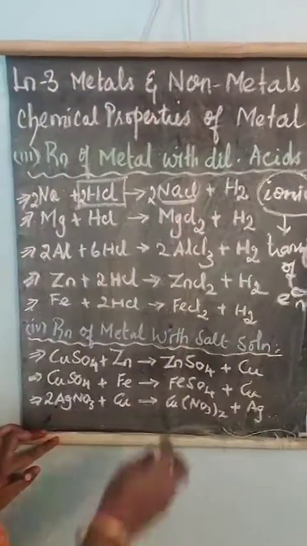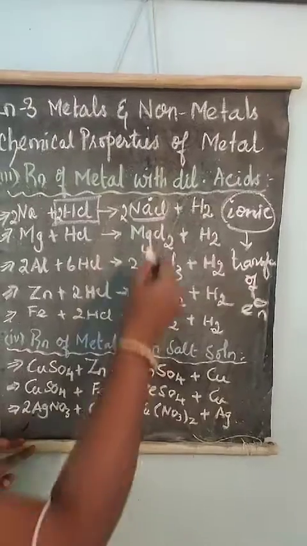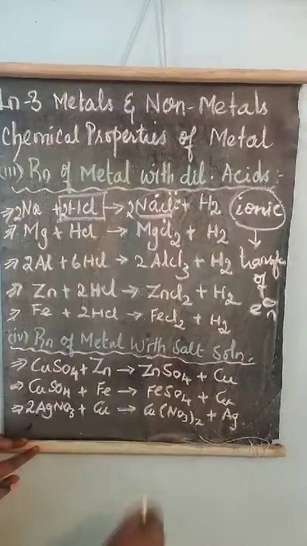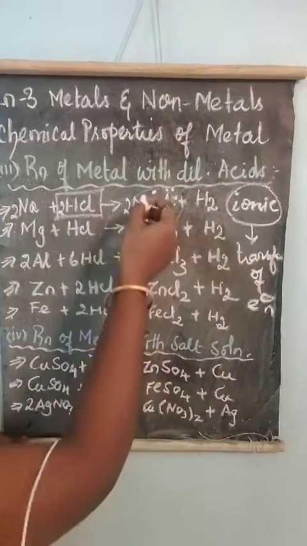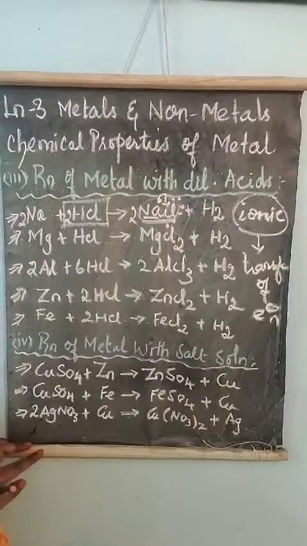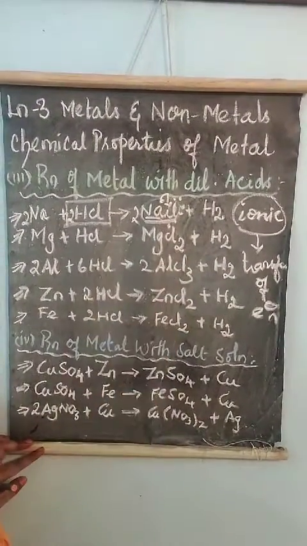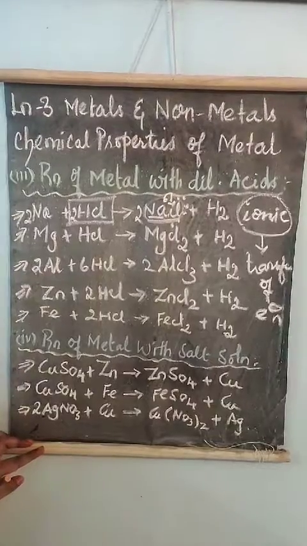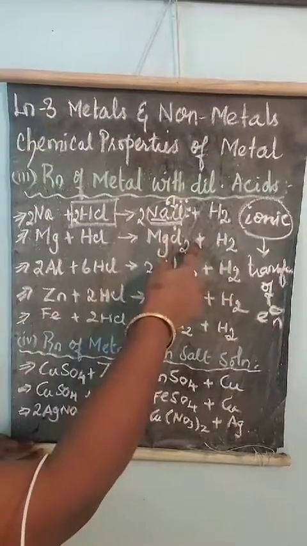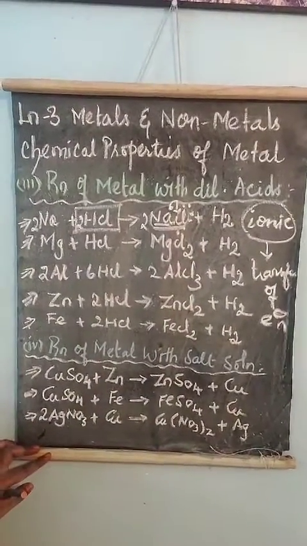Sodium has only 1 electron in the outermost shell and chlorine has 7 electrons in the outermost shell. So sodium donates 1 electron to chlorine, and chlorine accepts 1 electron from sodium.